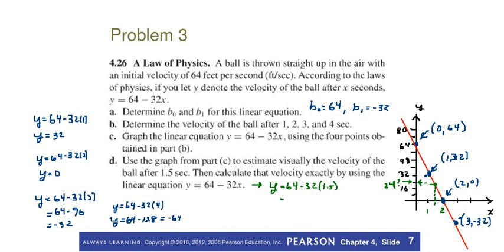Let's see, 32 times 1.5 is going to be 32, and then half of 32 again, which is 16, right? 32 and 16 is 48, right? And then you subtract those two and you get, well, sure enough, 24. So it looks like it should be exactly 24 then. And we did good, right? There it is. So that is our lecture on lines.